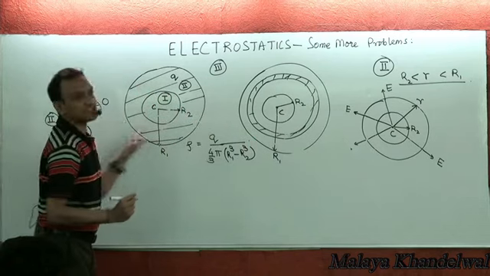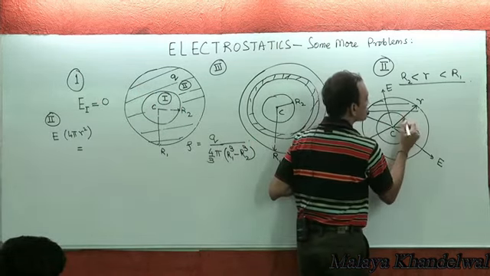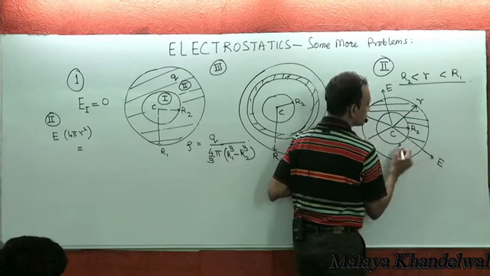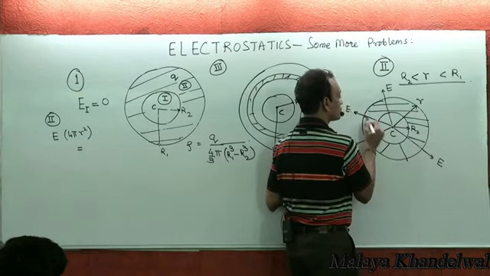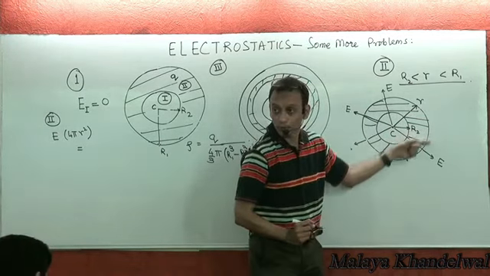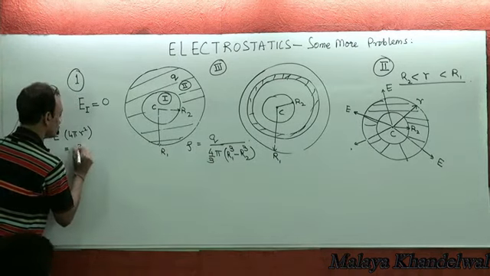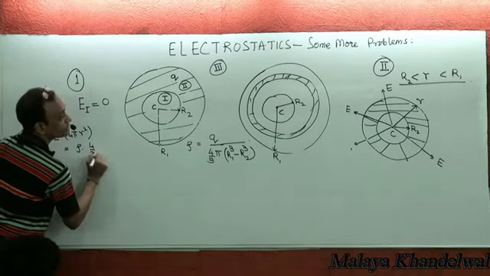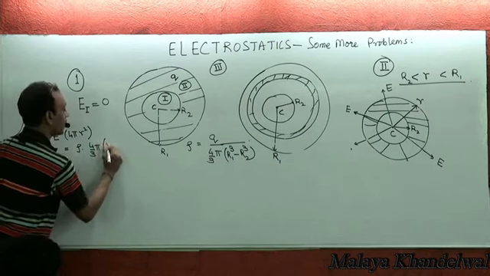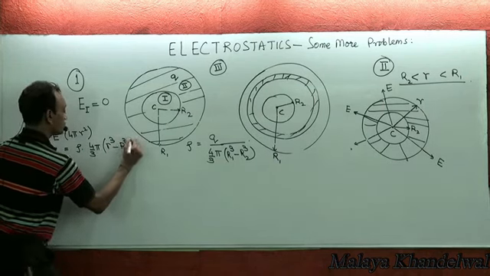That's the volume charge density in this region. So the charge in this chosen sphere would be the volume charge density rho into the volume 4/3 pi (r cubed minus r2 cubed). Yes or no?